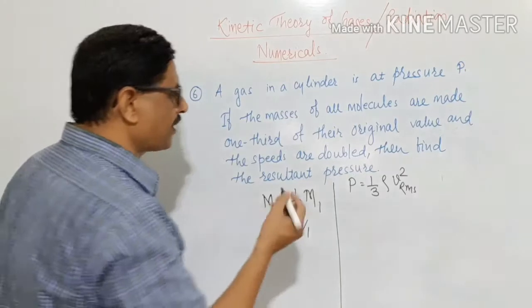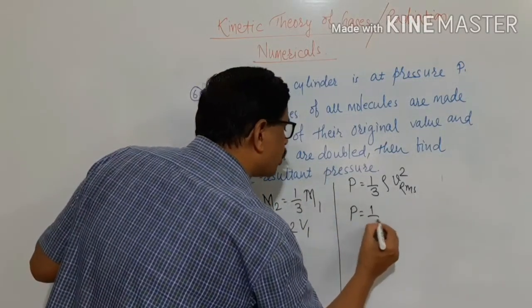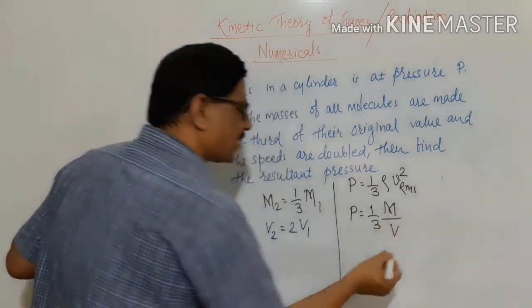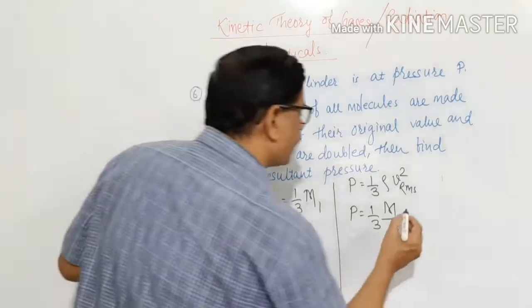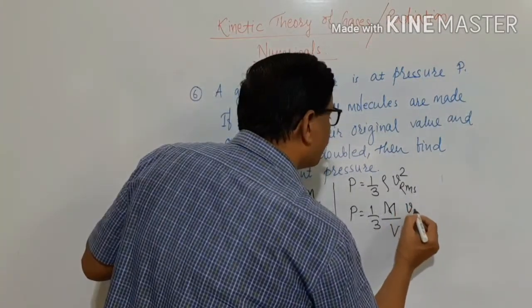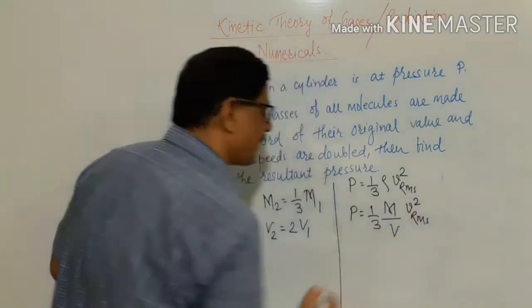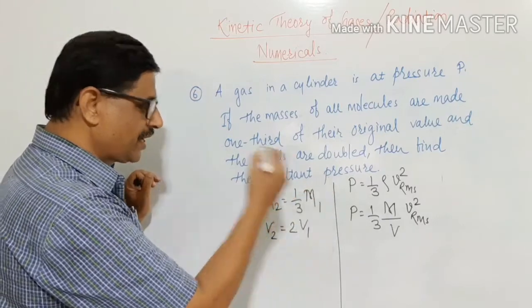Now, I will write this as P is equal to 1 upon 3, the mass of the gas divided by volume of the gas. That will be mass per unit volume, the density. Therefore, m by V into v square, where v is RMS speed and v square is mean square velocity.